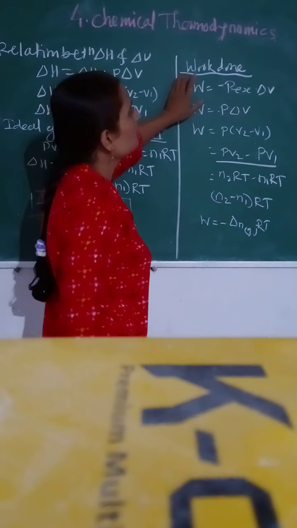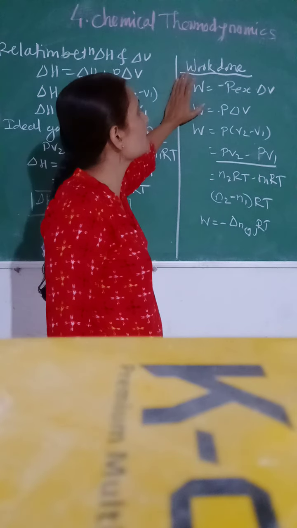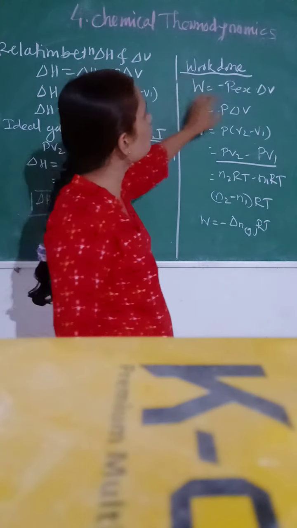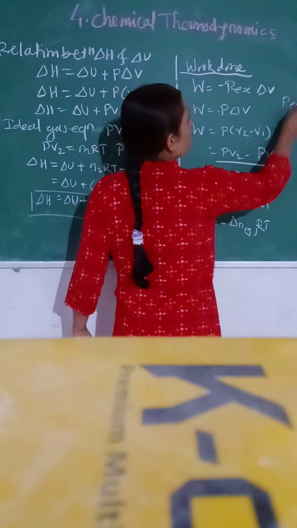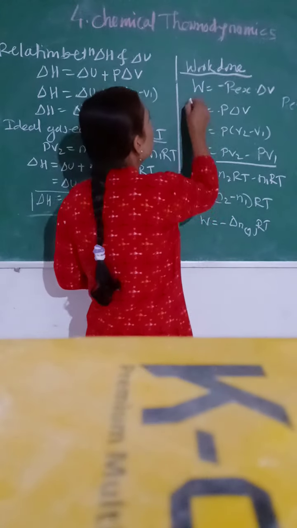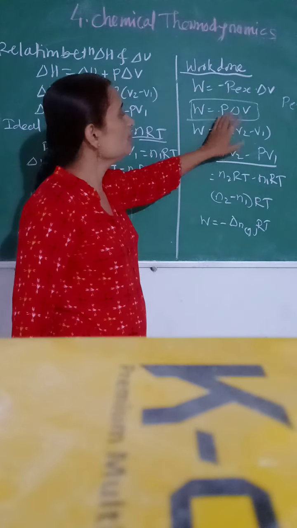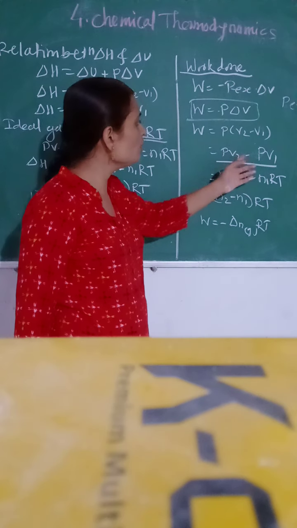Second, the work done for a chemical reaction. We know the pressure-volume type of work equation: W is equal to minus Pex into delta V. Here the external pressure is equal to the pressure of the gas. So W is equal to minus P delta V. For the gas phase, that will be P into V2 minus V1.